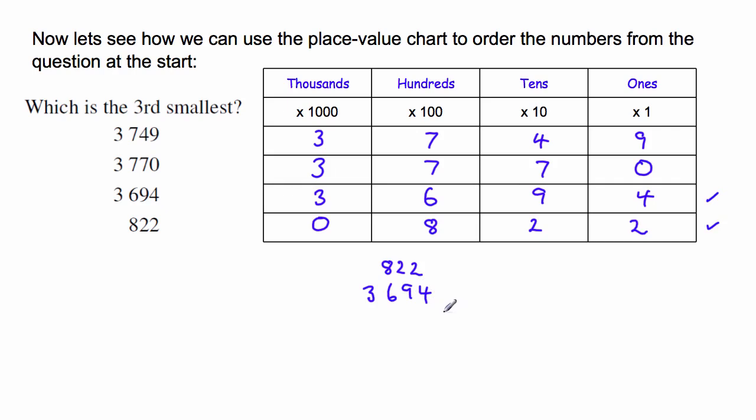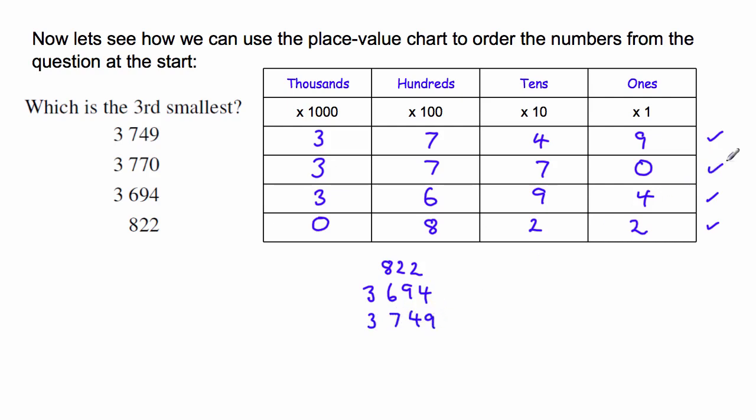So we've looked at these two numbers now. Let's see if we can find out the next smallest number. We look in the thousands column and see both of these are the same. We go to the hundreds column. We notice the hundreds are both the same as well. So we go to the next column, which is the tens column, and we'll see here that 4 is smaller than 7. So this must be the third smallest number, 3,749.